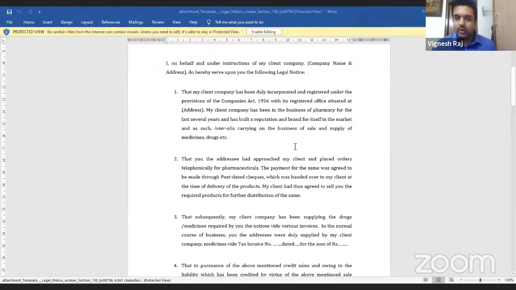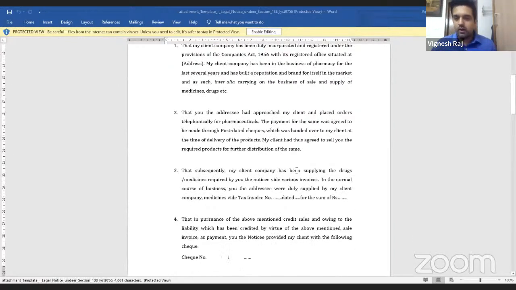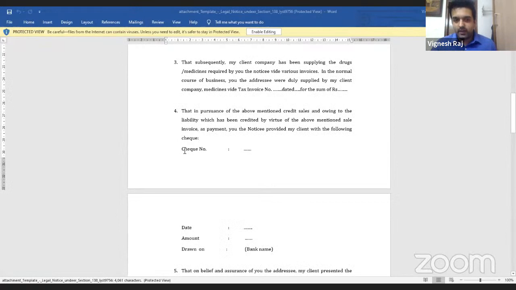Post which you have to state that towards the discharge of the debt occurring owing to a transaction, to a loan, to the nature of whatever amount was due in debt, the accused had issued a check bearing so and so, dated so and so, for a sum of so and so. All right. You can also state it this way. So over here you have check number, date, amount, drawn on.